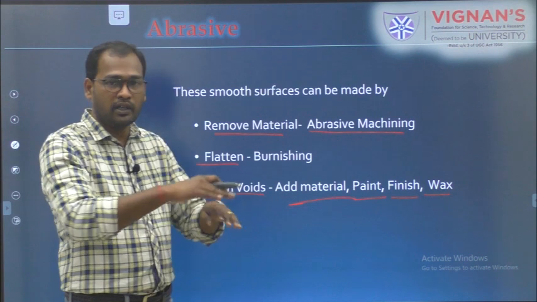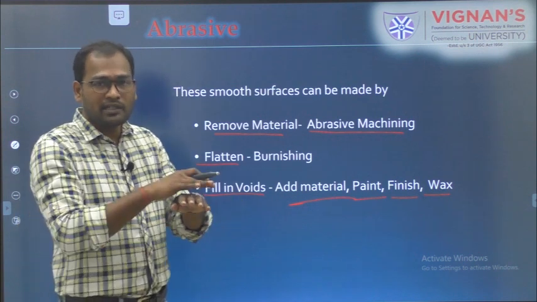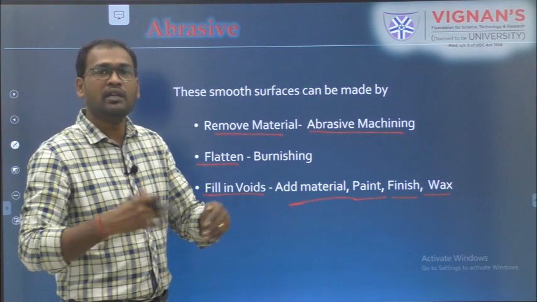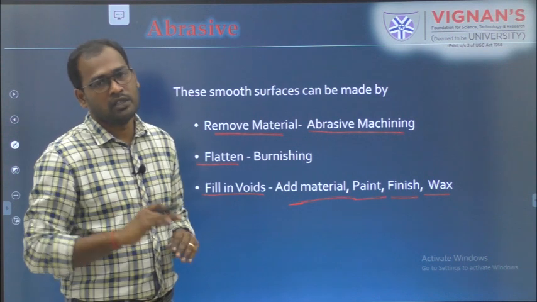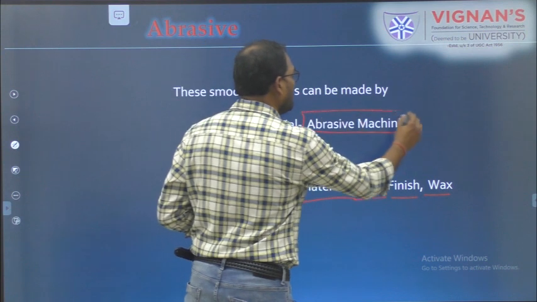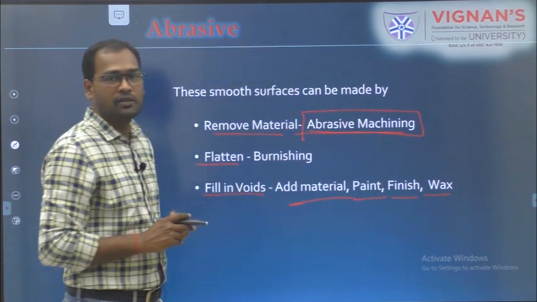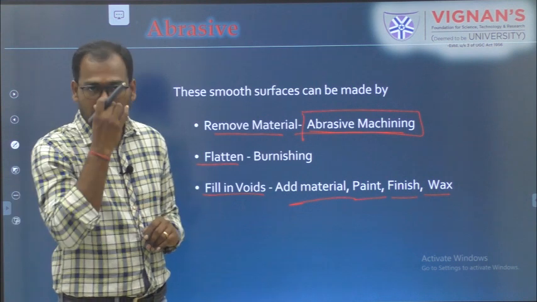Then you can get smooth surfaces. So these are the different ways a surface irregularity can be changed to have a smooth surface with minimum irregularities. Our topic will be about abrasive machining, or using abrasion to make the surface smooth.